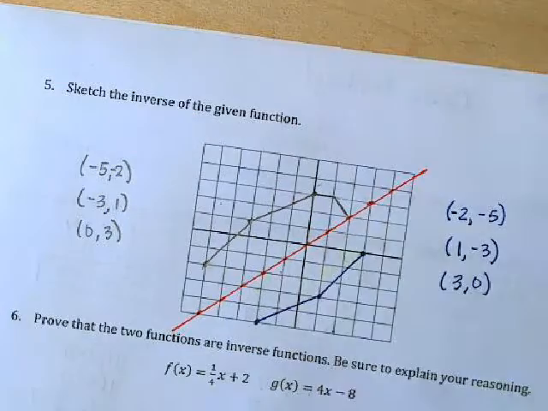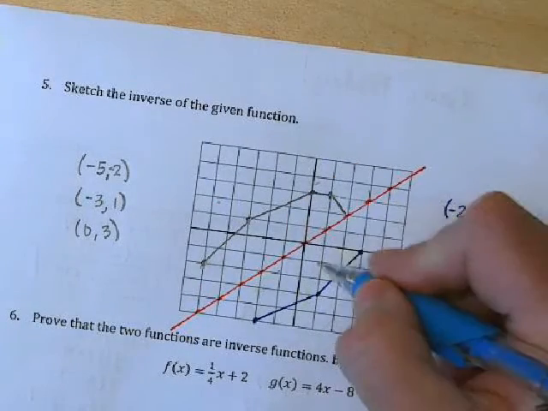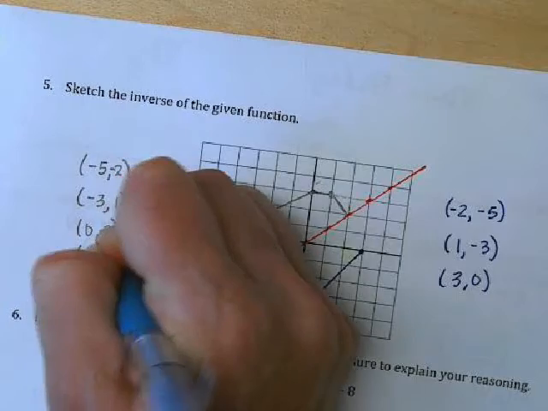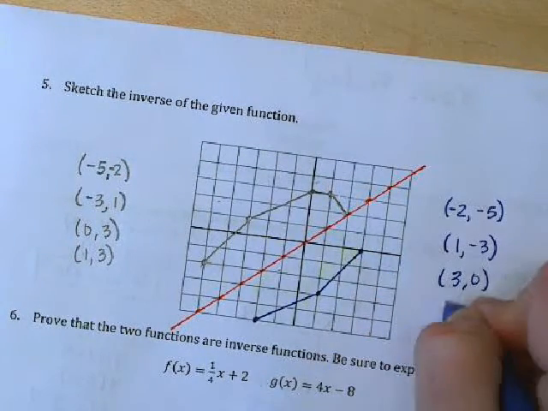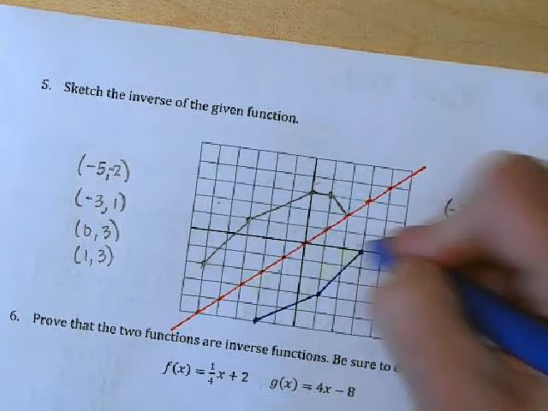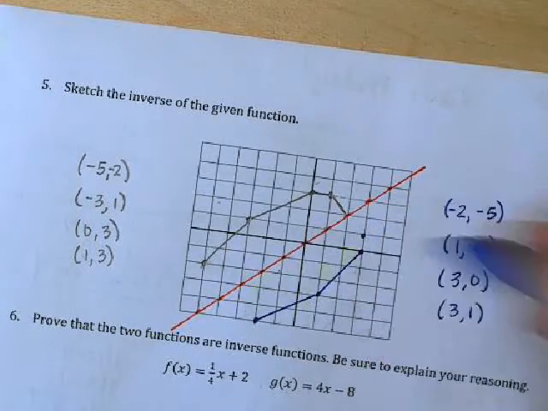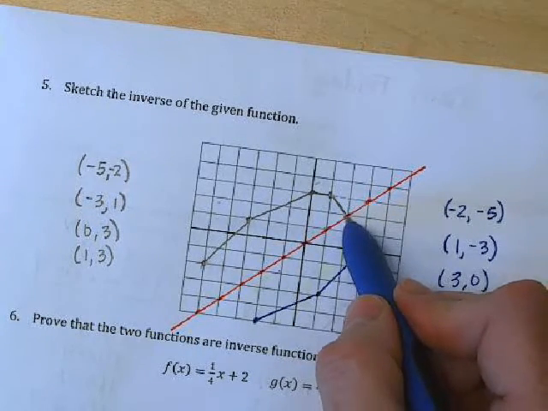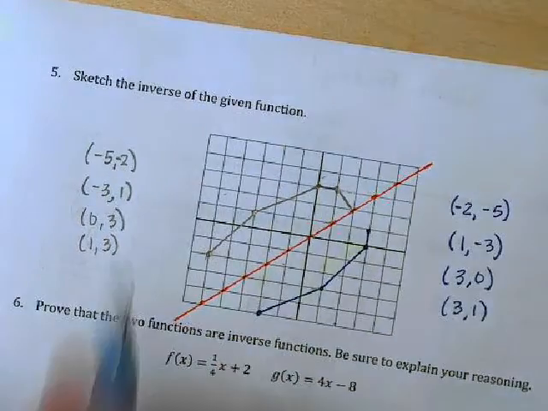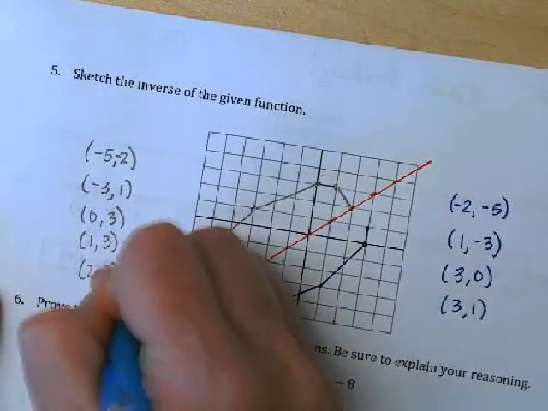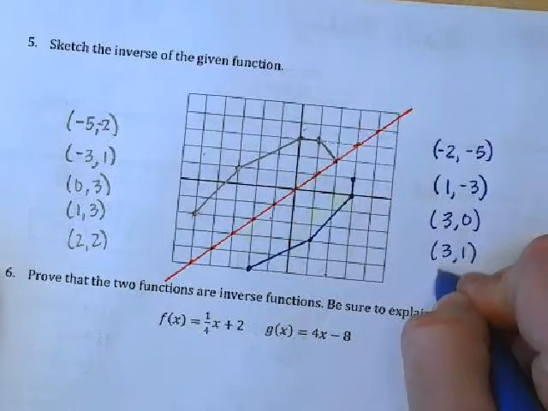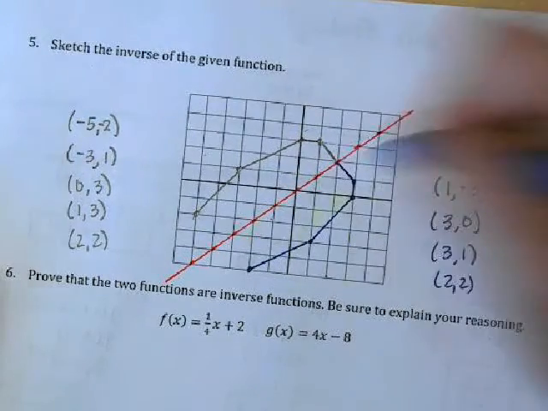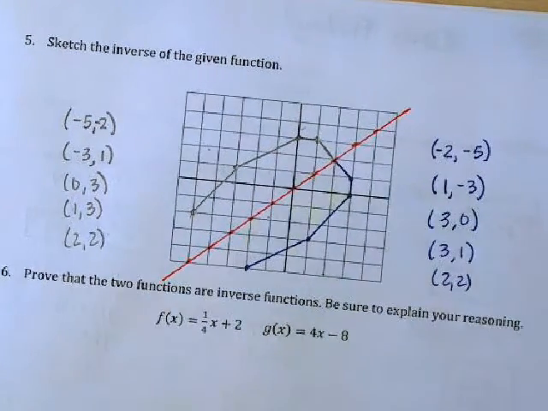And let's see, this point right here is the point 1, 1, 2, 3. So it'll be 3, 1. So it's right there. And then that point right there is 2, 2. And 2, 2 is just itself, so it will be 2, 2. And there it is. That's my reflection.